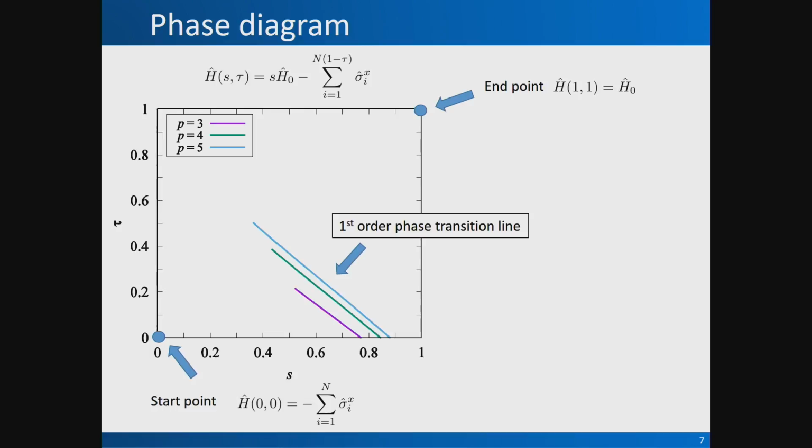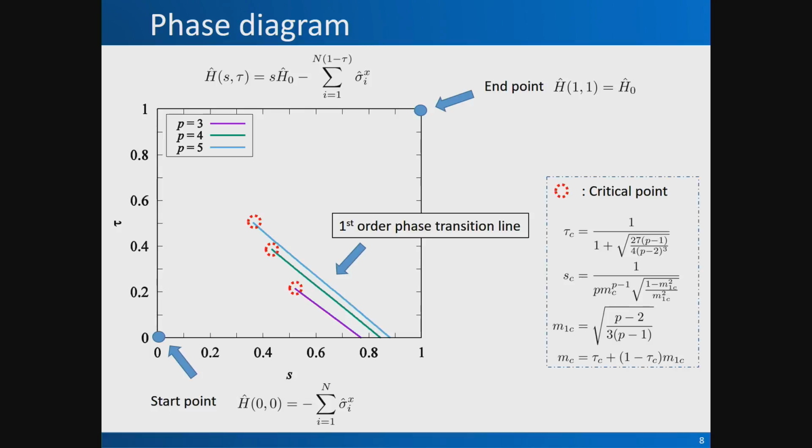These lines indicate the first order phase transition for p equals 3, 4, 5. We can analytically calculate the edge of this line. It is a critical point like this. At this point, the system has a second order phase transition.